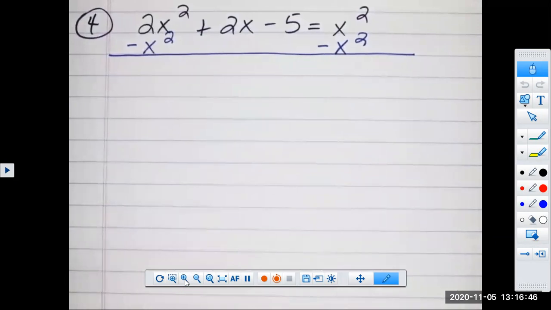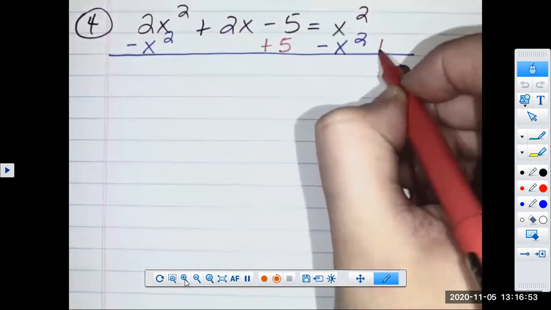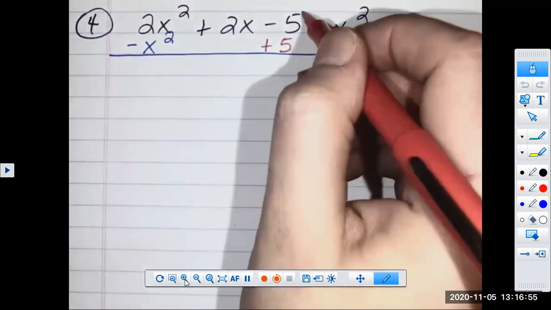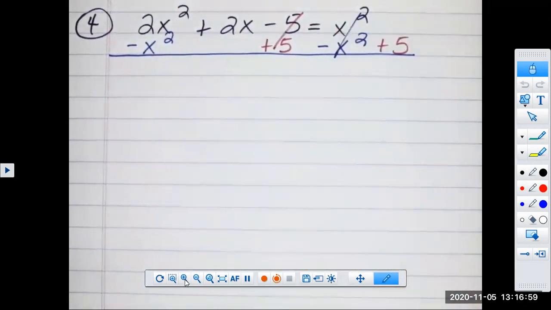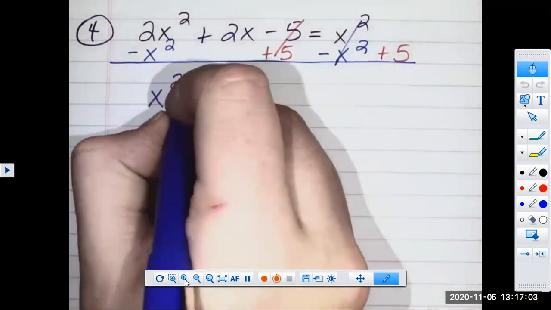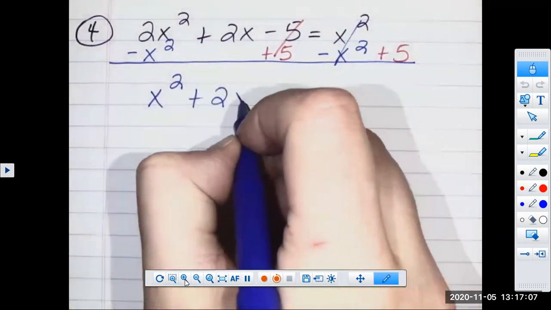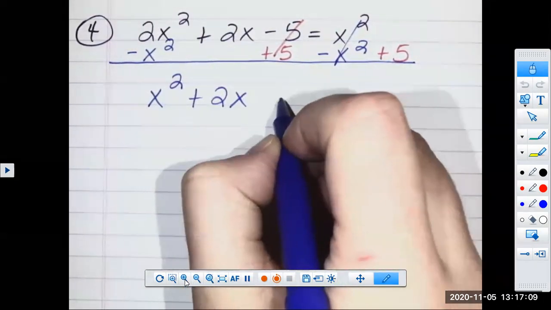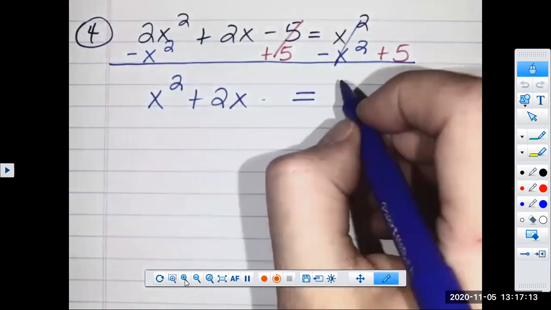And then what can you do with this minus 5? Good. I'm going to add 5, and I'm going to do that all at the same time. That will go away here. Your x squared cancel in that area. So we have x squared plus 2x equals 5.